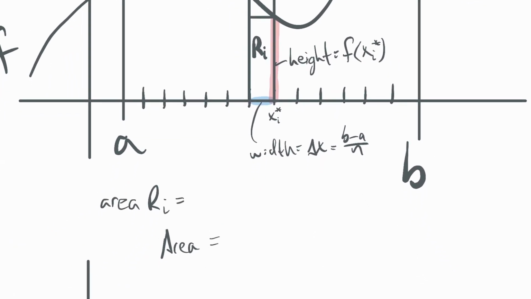So the area of rectangle I, well, that's going to be the height, f of xi star, times the width, delta x, right?